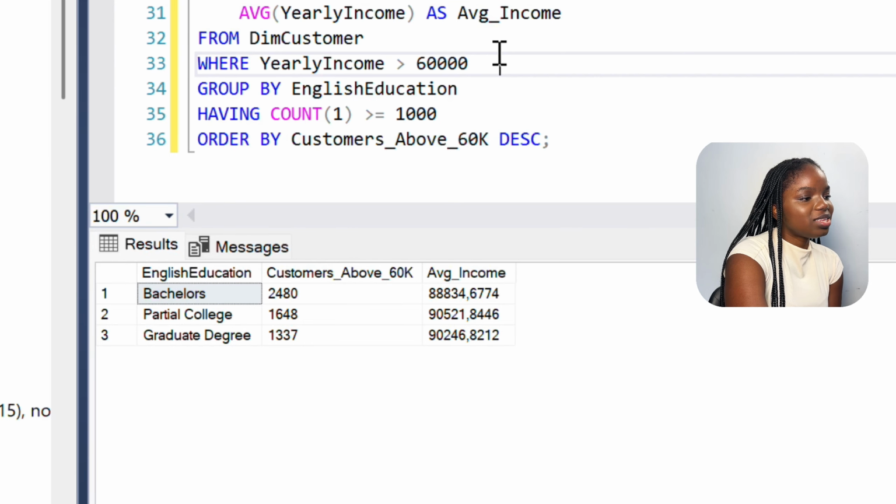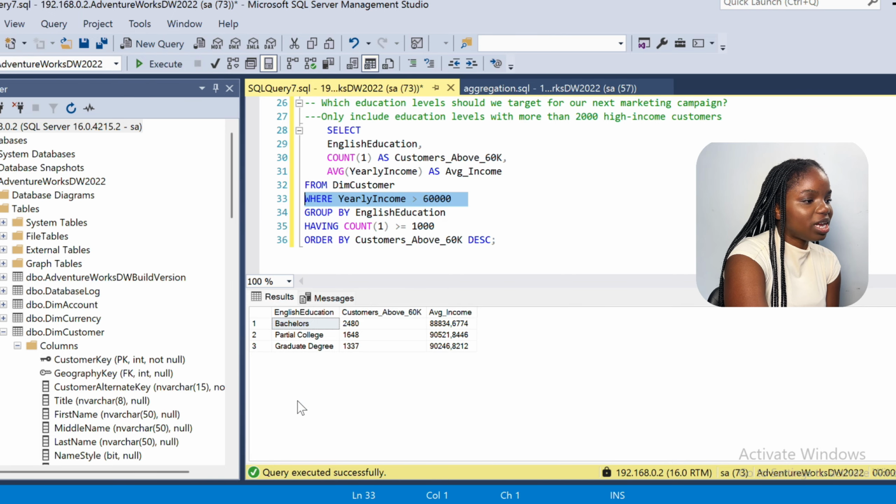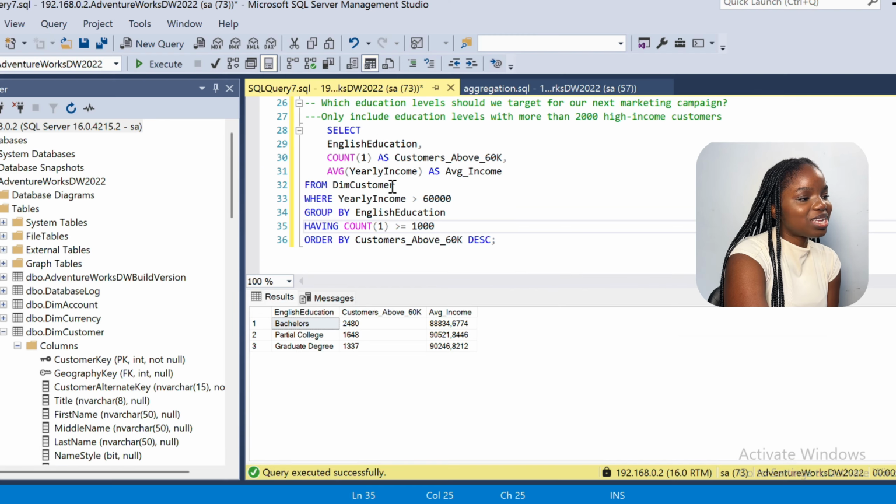So WHERE filters the rows to where the customer earns above 60,000, and HAVING filters the group, that is this group, to where the customer count is above 1,000. From the remnant that you have here, only those that are earning above 60,000 will come here, and from here only those that have count above 1,000 will show as our result.